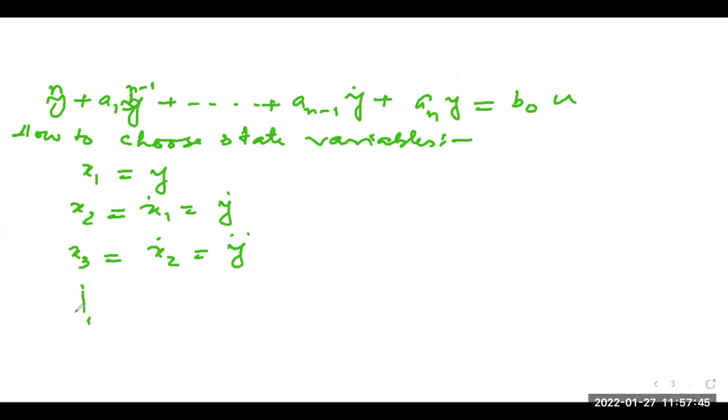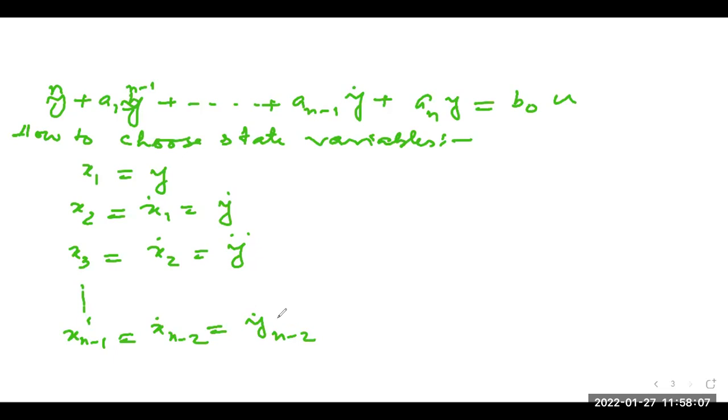So xn minus 1 will be equal to xn minus 2 dot, which will be y to the n minus 2.